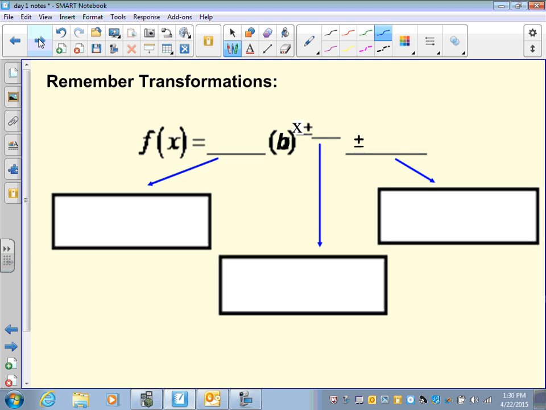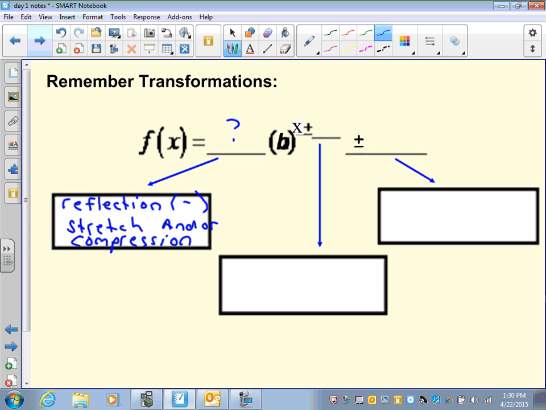Well, they will give me a reflection if it's negative. It also is going to give me a stretch or compression. So that is for the outside of the function.